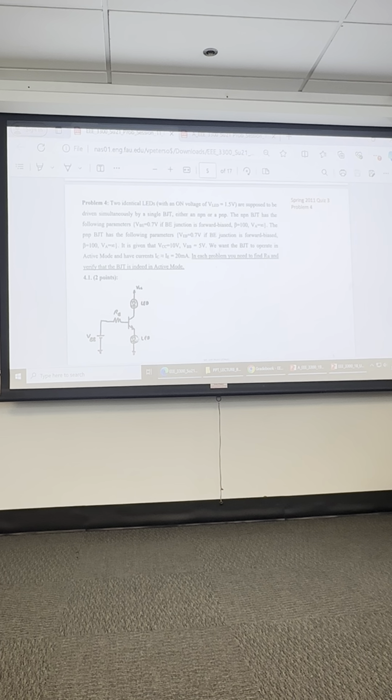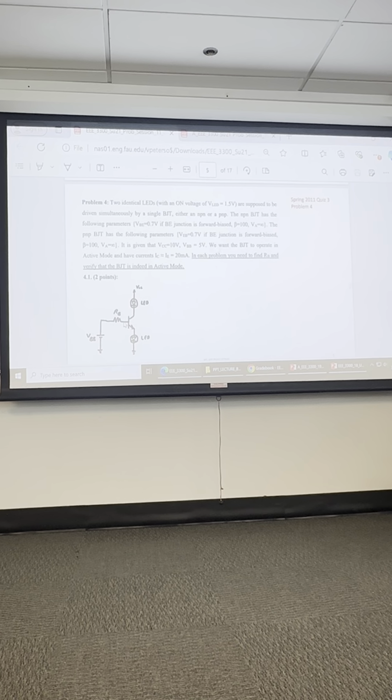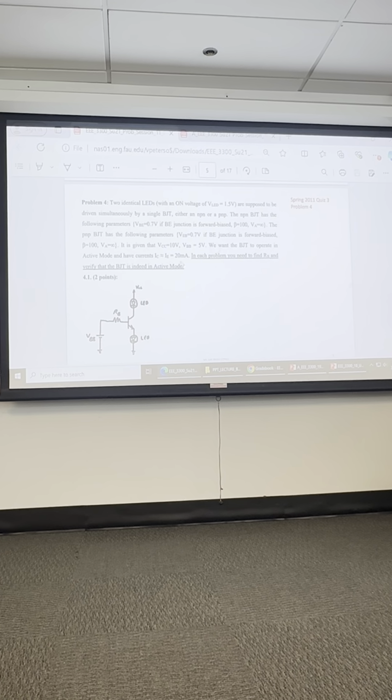So 1.5 volts on the emitter, if it's active mode, the base is going to be 2.2. And now because V sub BB has given us 5 volts, we can solve for R sub B. Find R sub D and verify it's in the active mode.